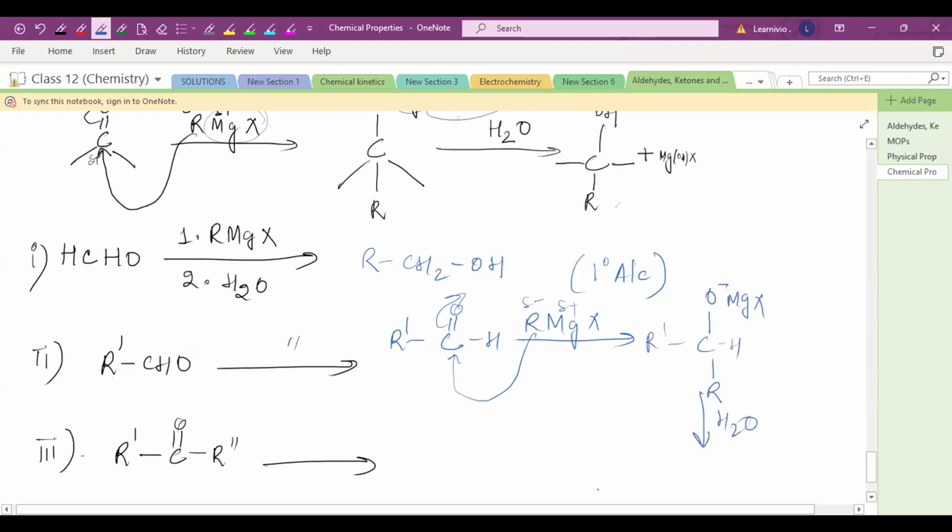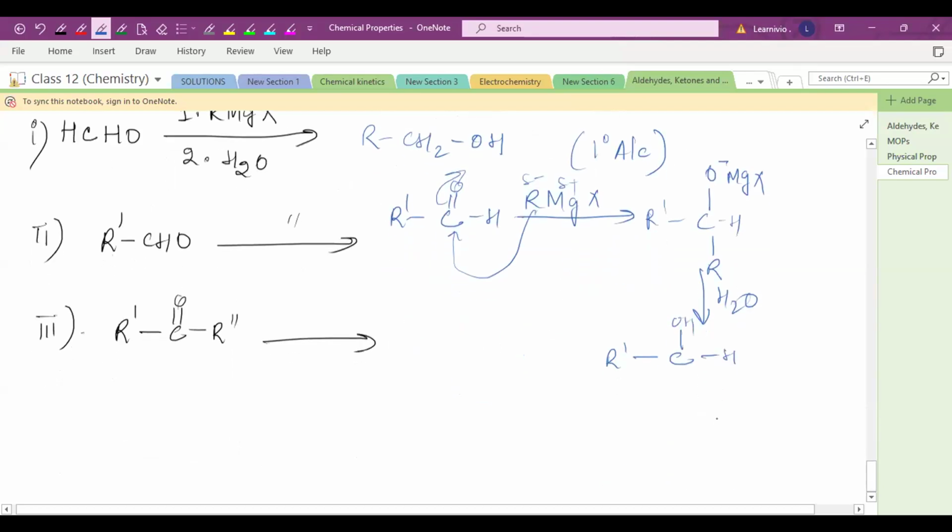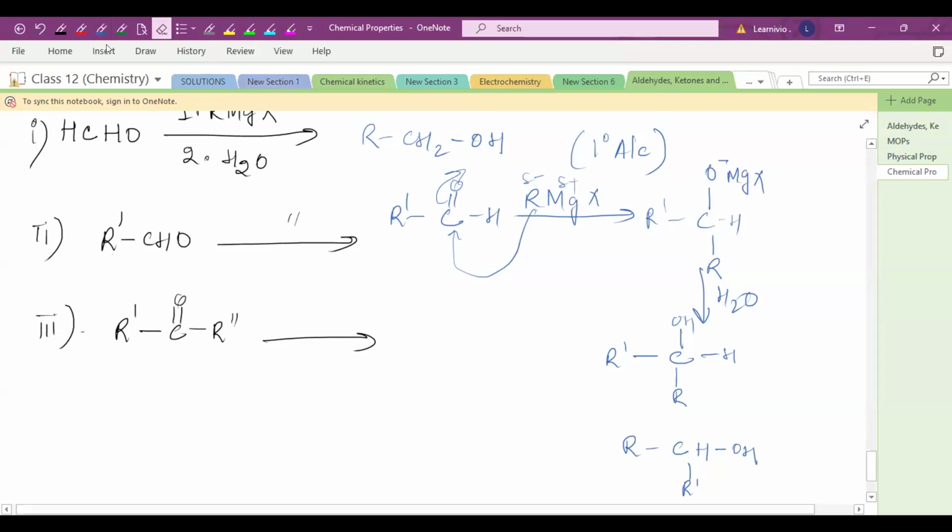Further hydrolysis, R dash COH H, and here R. So what you get is R CH R dash and OH. This is a secondary alcohol. OH is attached to this carbon, and it is further attached to two different alkyl groups. So here you are getting the secondary alcohol R CH R dash OH, plus MgOH. No need to write that in the byproduct.